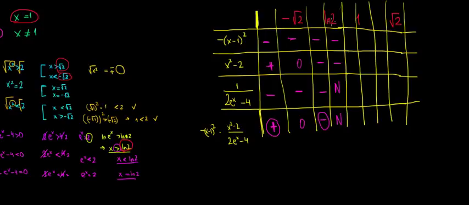Okay, what value can we take between ln of 2 and 1? Well, if ln of 2 equals 0.7, let's take a value of 0.8, for instance. That's between ln of 2 and 1.